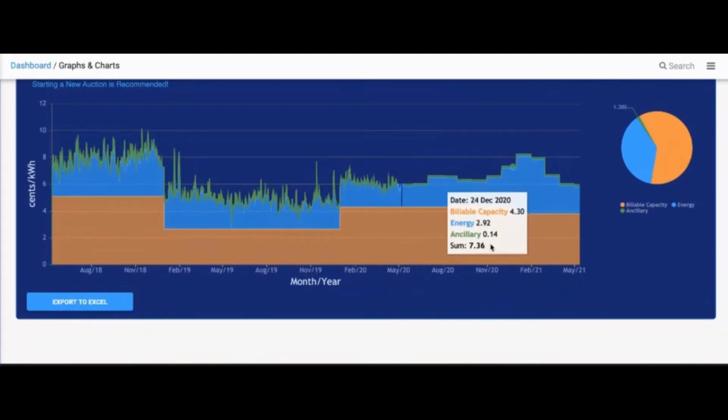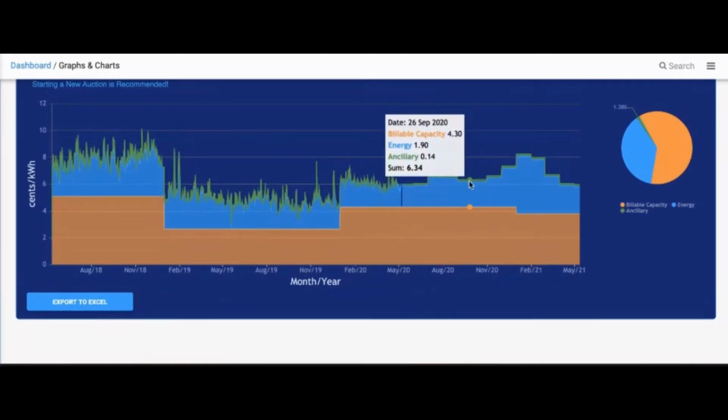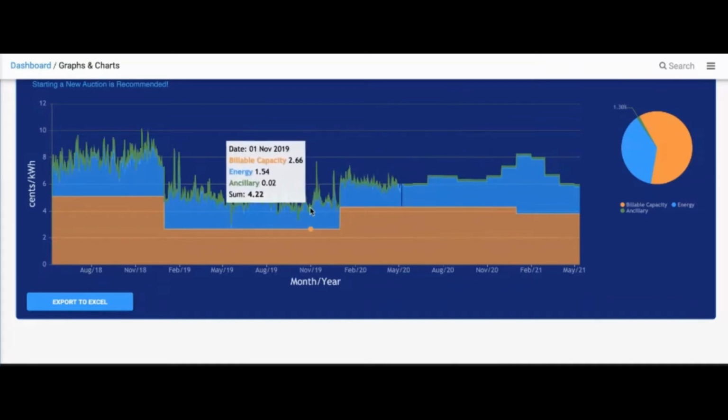If you look at this part, you can see the breakdown and the total for those three components moving. This is from the wholesale market. Let's say you read the number and it is 4.22 and then the number moves.